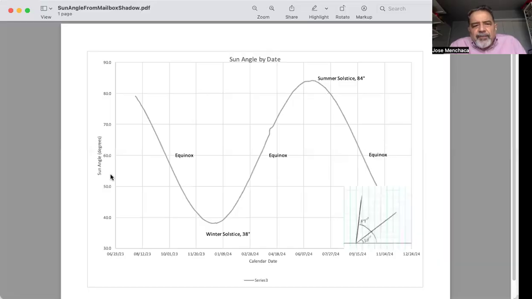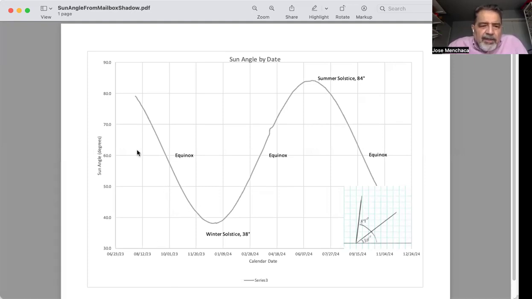And if you recall, I was taking some measurements of the sun angle, and I have since completed at least one cycle of that experiment, and here are the results.